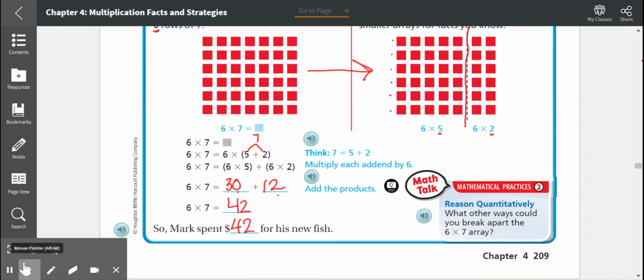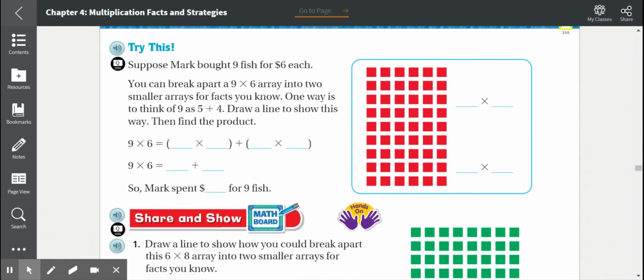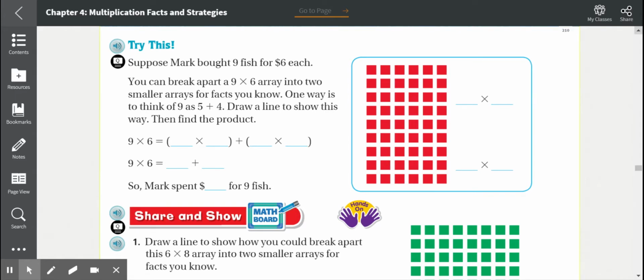Okay, let's do another one to just keep practicing. Okay, so now we're on page 210. Suppose Mark bought 9 fish for $6 each. So if he bought 9 fish for $6 each, you can break apart a 9 times 6 array into 2 smaller arrays for facts you know.